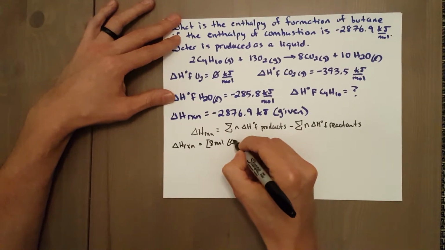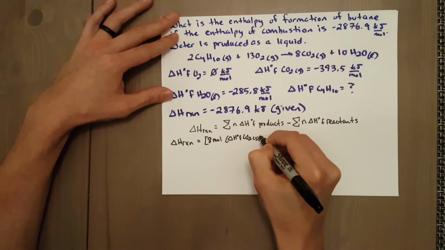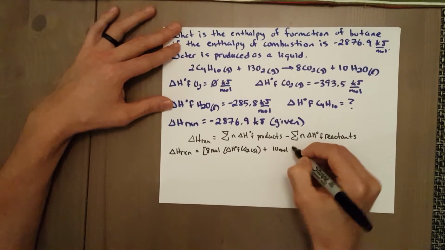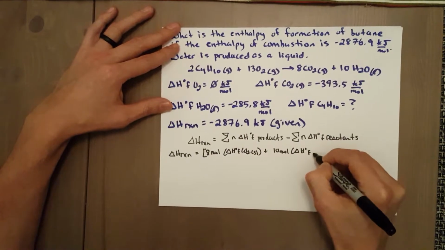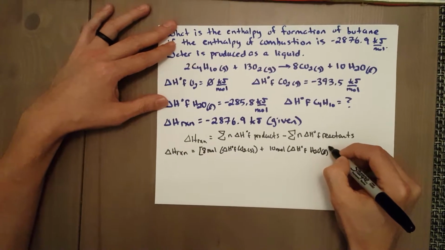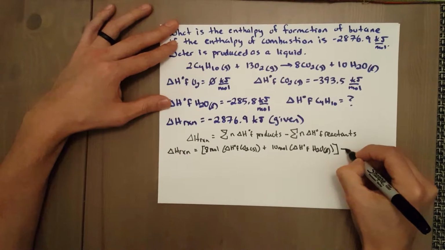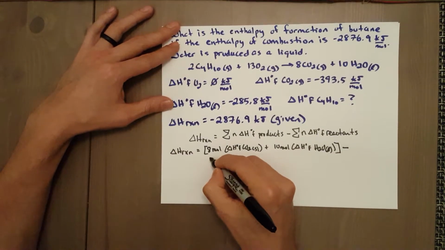We'll have the enthalpy of formation of CO2 in its gaseous state. 10 moles from our balanced equation of the enthalpy of formation of H2O in its liquid state. Here we will close the square bracket, minus, now we're going to subtract our reactants.